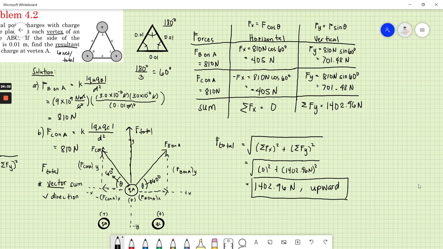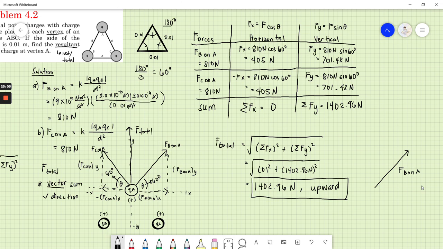Okay, so how does this make sense? Because if we actually use a graphical method, if you guys remember how to solve using the graphical method, so this is your FB on A. In order for us to solve for the resultant force or the net force of these two forces right here, we just have to use the head-to-tail method.